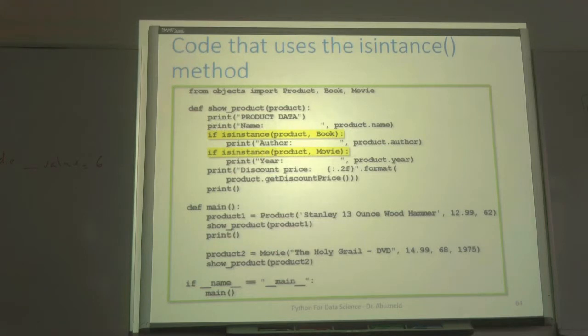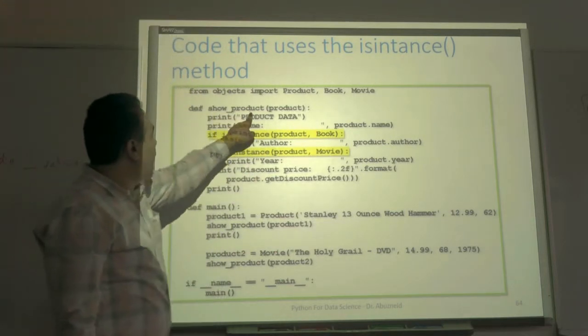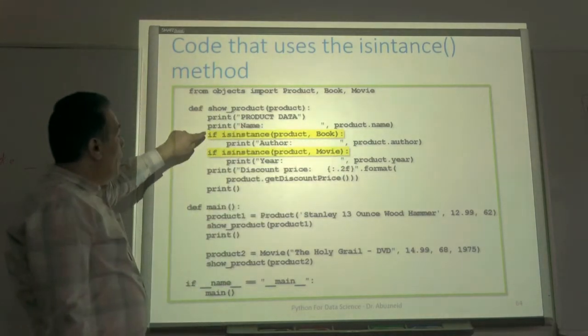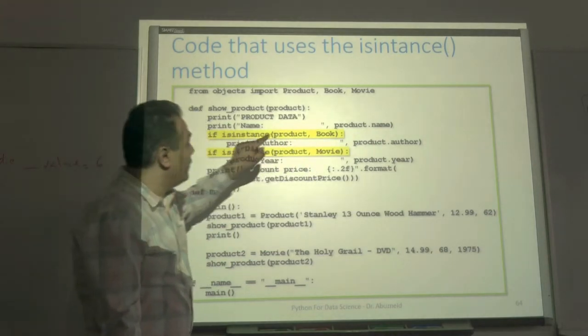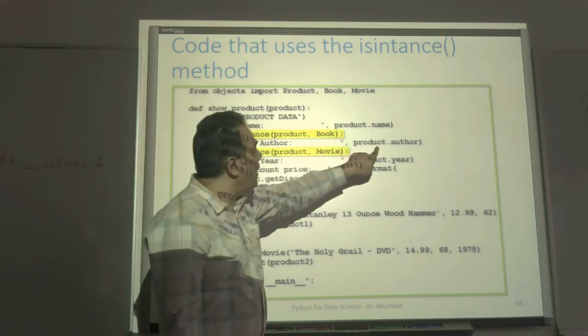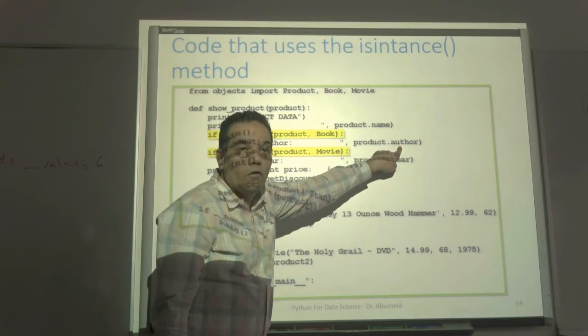Right? So in here, for example, show product. So print product data, print name, that's the product name. If isinstance of a product, if the product is part of book, okay, then which function do I have to call? Product author.